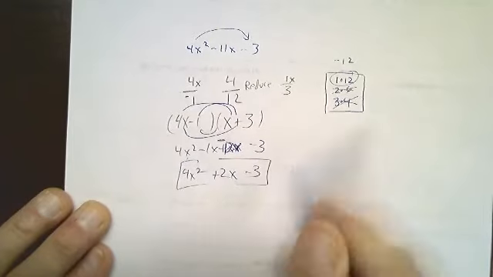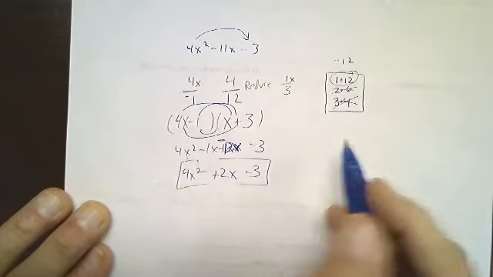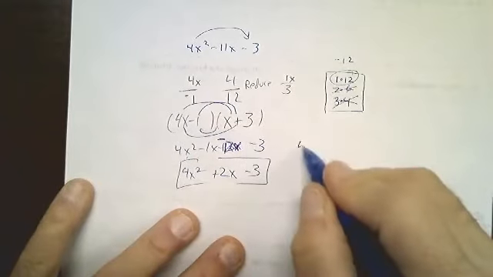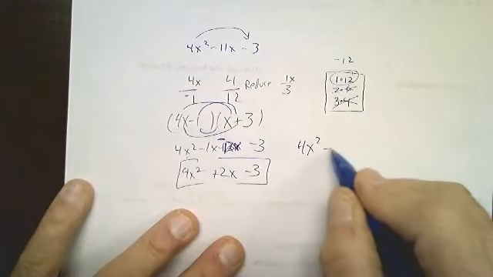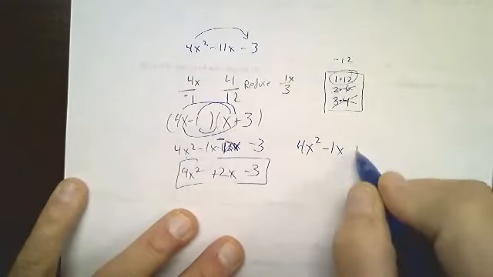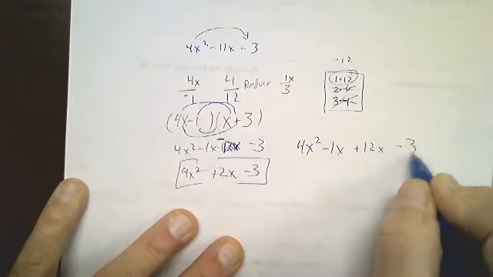Let me clean this up. 4x squared minus 1x plus 12x minus 3.